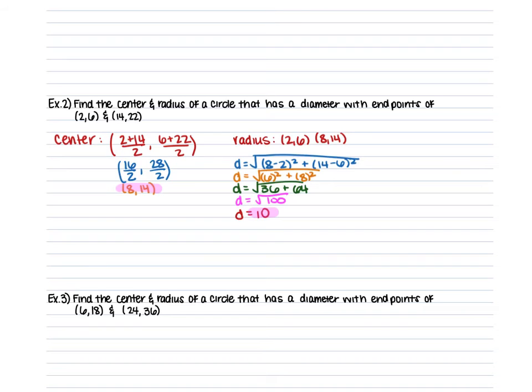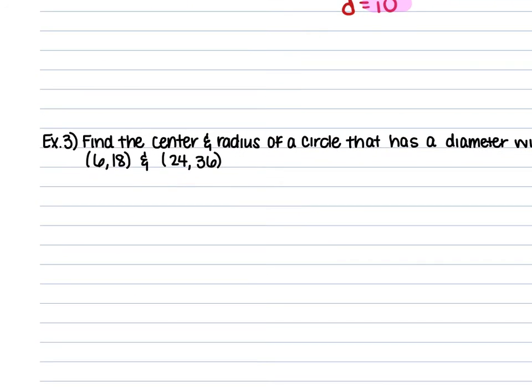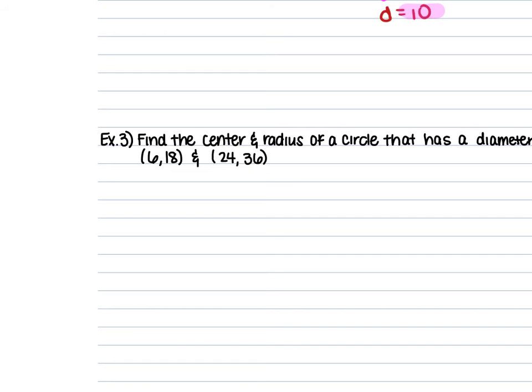For example 3, we have to find the center and the radius of a circle that has a diameter with the endpoints of (6, 18) and (24, 36). So to find our center, we are going to do 6 plus 24 over 2, comma 18 plus 36 over 2.